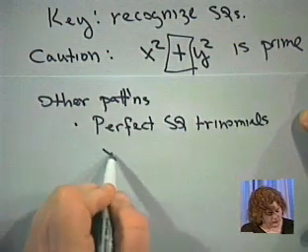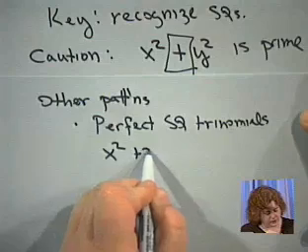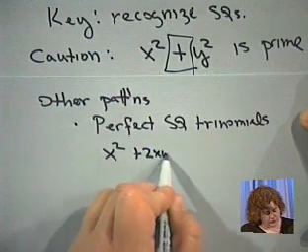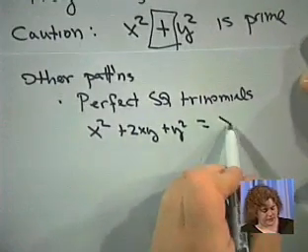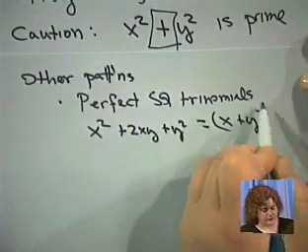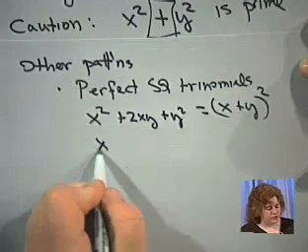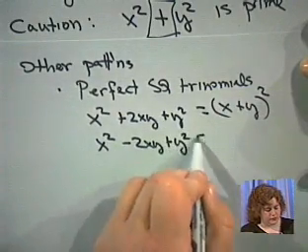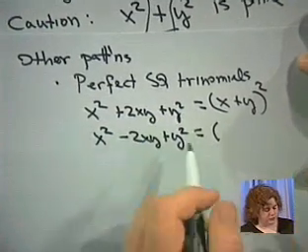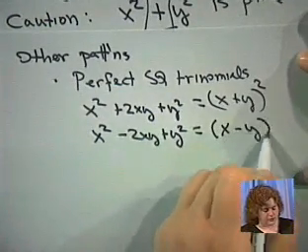When you have something like x squared plus 2xy plus y squared, that came out of x plus y squared, and then you had x squared minus 2xy plus y squared, reversing our multiplication again, that's going to be x minus y squared.